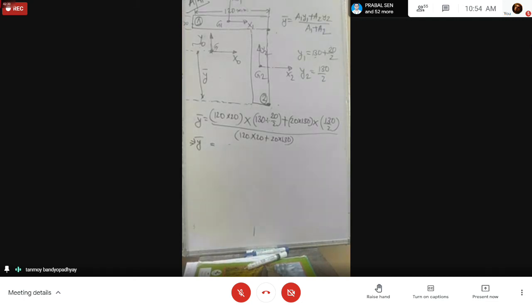Okay, how much did it come from the bottom? Sir, 101 millimeter. Okay. So I haven't calculated. Just calculate it and check whether it is the same thing you're getting. So it's 101 millimeter.